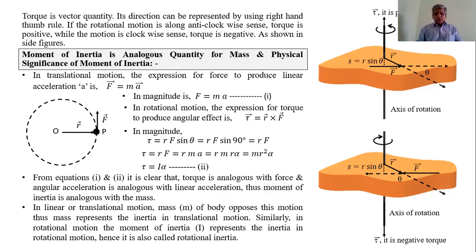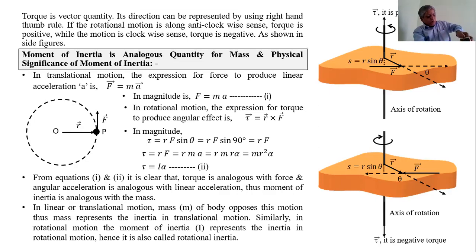In that case, place the palm of our right hand along the direction of the position vector and fingers are curved toward the line of action of the force. Position vector is along this direction and line of action is along this direction. Therefore, from position vector toward the line of action of the force, and the thumb is outstretched, at that time the thumb denotes the direction of torque, that is the downward direction, which is considered as negative in case of horizontal circular motion.